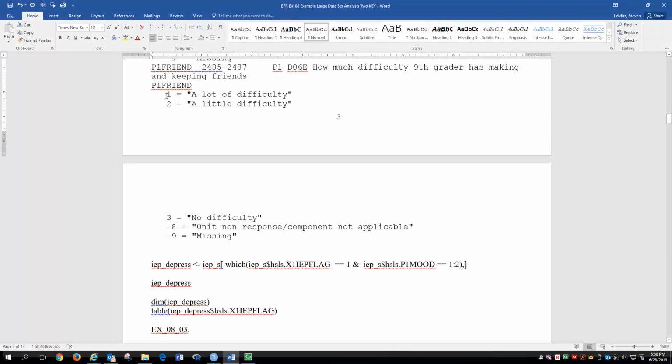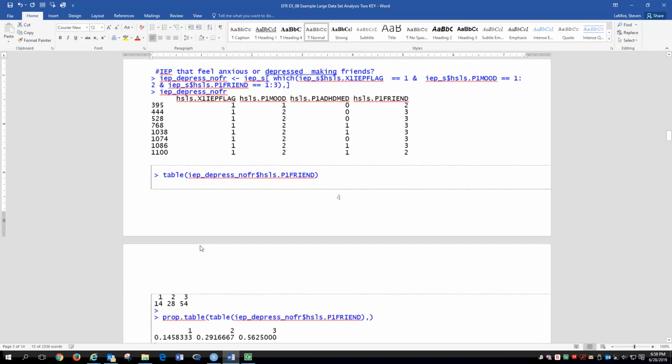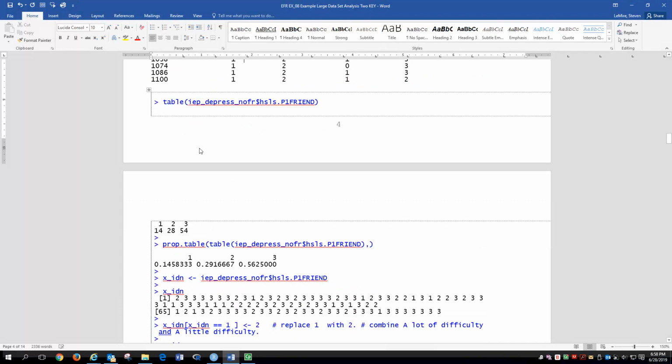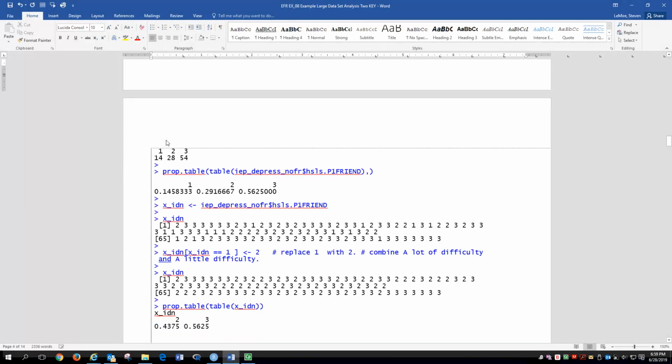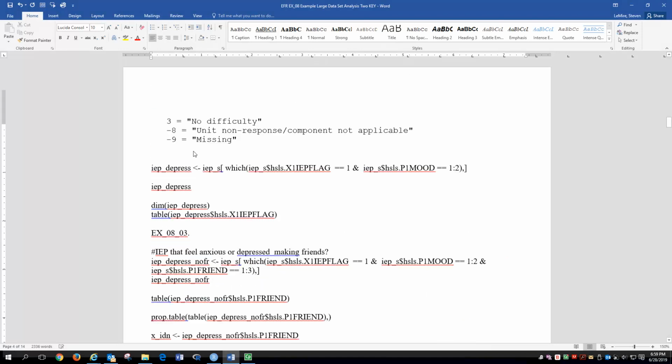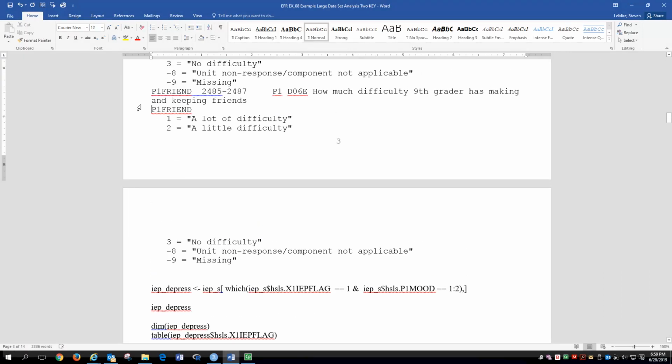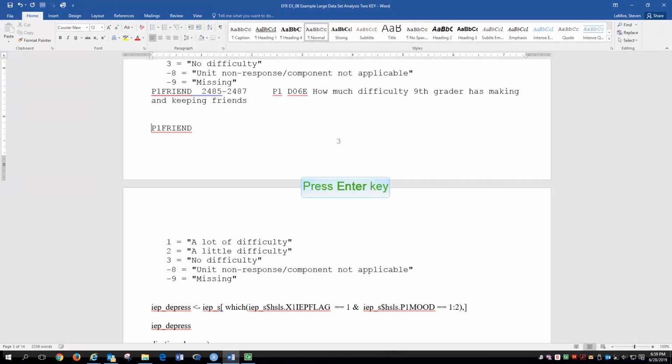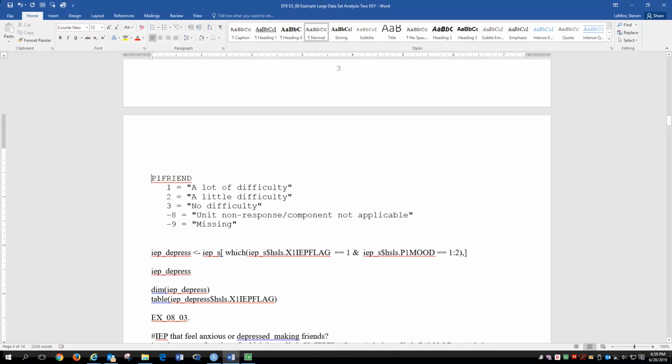A lot, a little, and no difficulty. So that gives me this. And then I ask for a table, and you can see here I have the 1, 2, and 3s of friends. So 1 and 2 are have difficulty, and 3 have no difficulty.